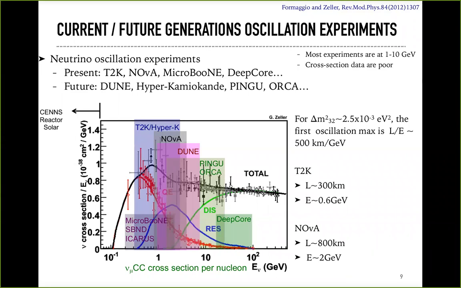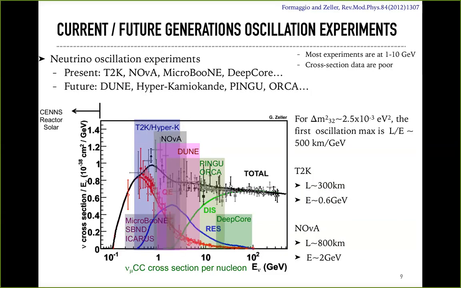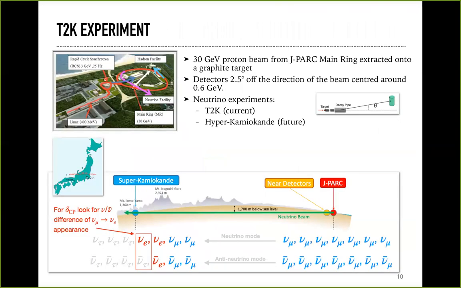There are different cross-sections associated to that, and the cross-section is a major item of study for the current collaborations. You can see that MicroBooNE and T2K, Hyper-K, have lower energies, higher energy for NOvA, DUNE of the order of GeVs, and then we move on to astrophysical neutrinos like PINGU, etc. Right, we can move on to the next slide.